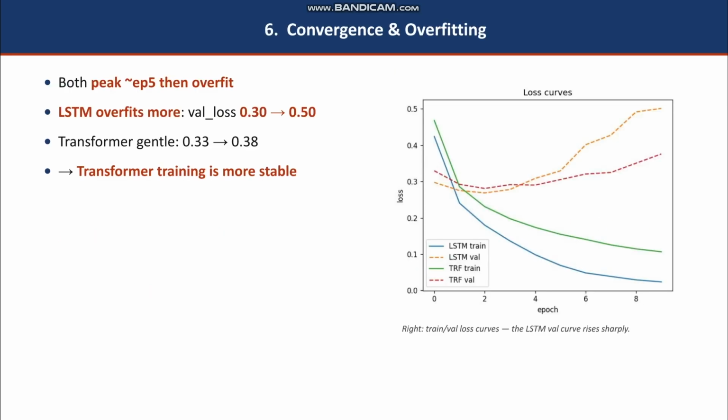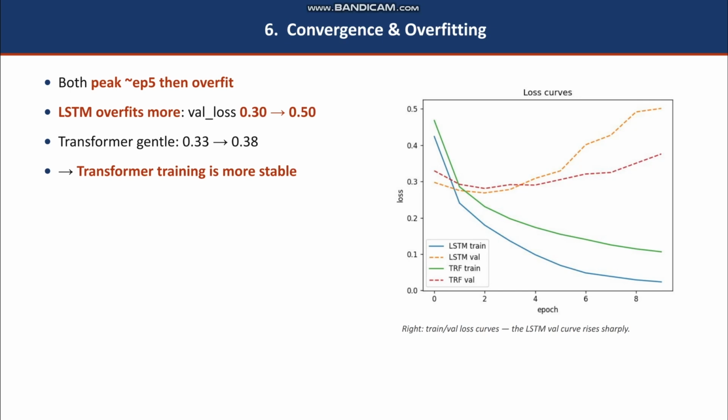Looking at the loss curves, both peak around epoch 5 and then overfit, but the LSTM overfits much more strongly.